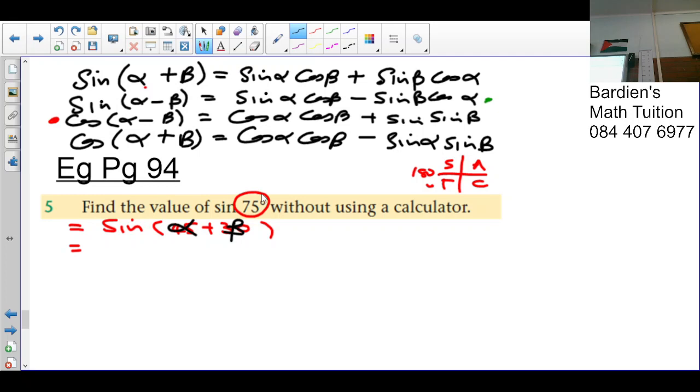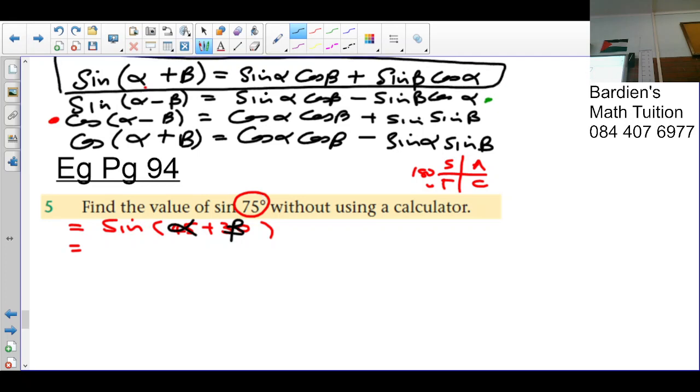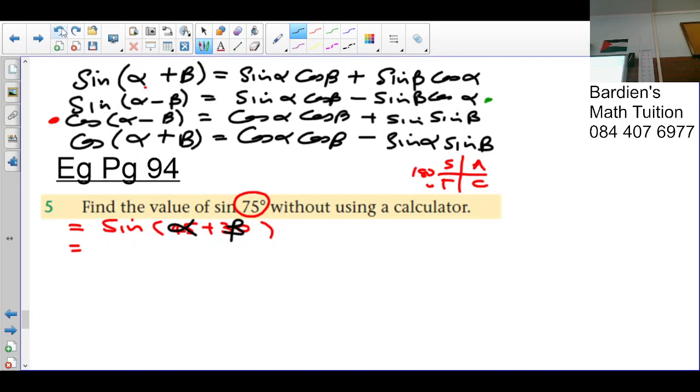Not so. Sine alpha plus beta is going to be the first one there. Are you all okay with that? Right. So what's my alpha now? 45 and 30 for your beta angle there.